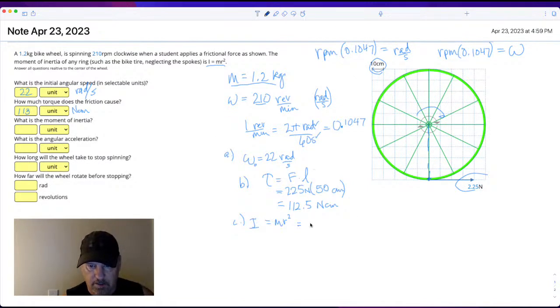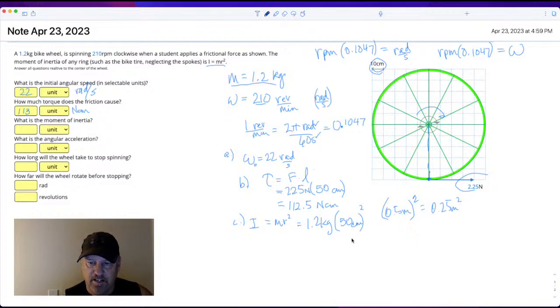So 1.2 kilograms times r squared, where r is 50 centimeters squared, or 0.5 meters squared. So 0.5 times 0.5 equals 0.25 meters squared.